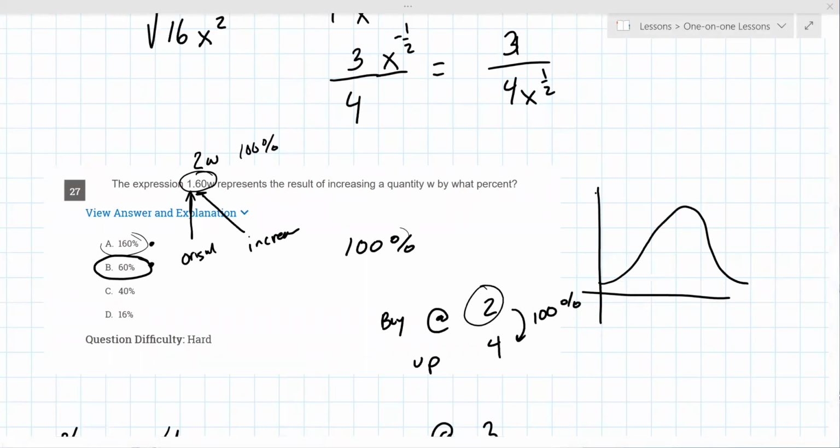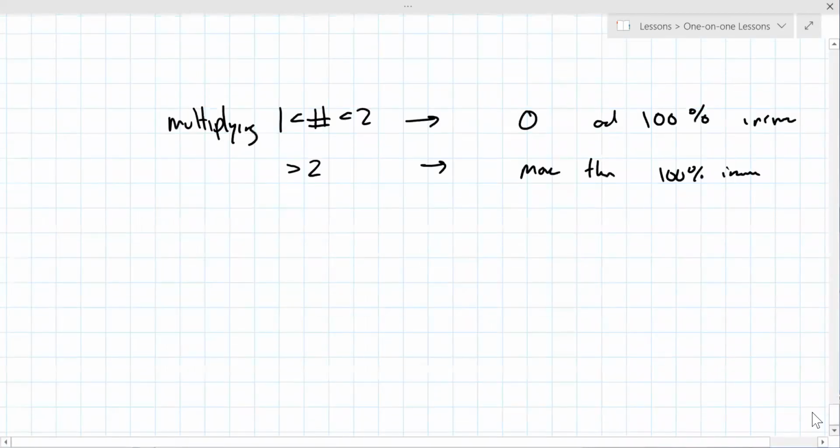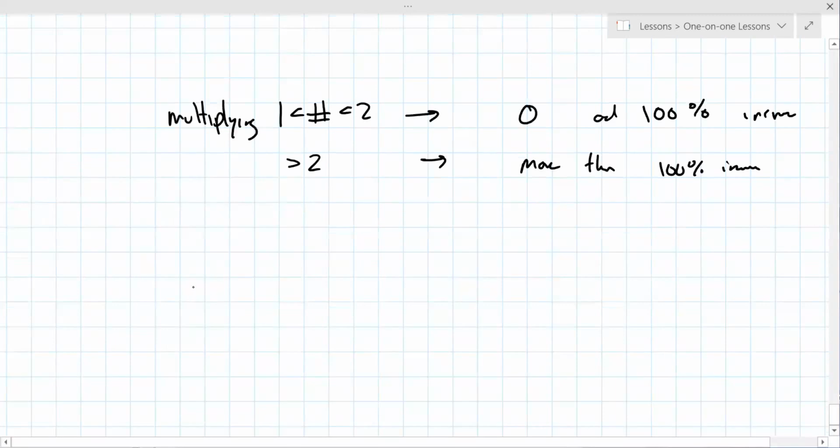So if it was like 2.1 or something like that, it would be 210%? Well, no, if it was 2.1, it'd be 110%. Why? Oh, because it's the point. Yeah, 1.6 is 60%. 2.6 is 160%.